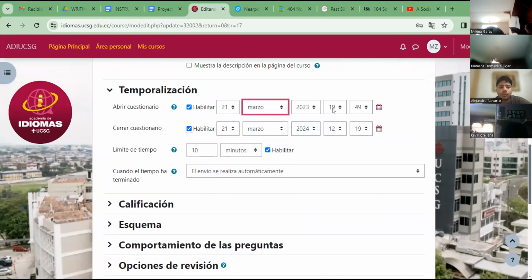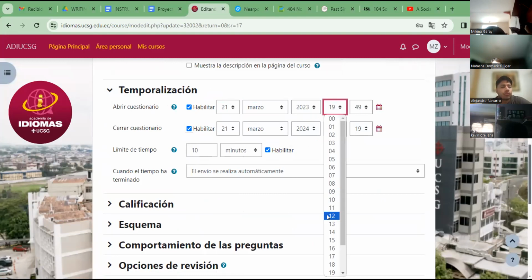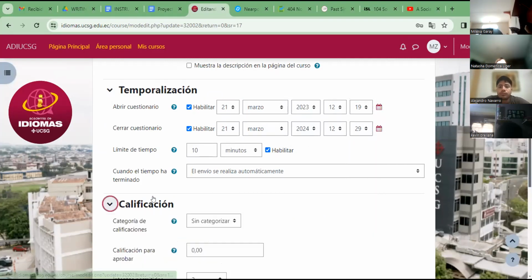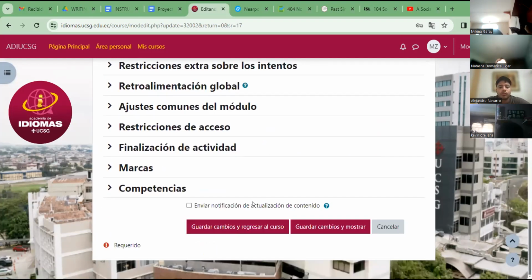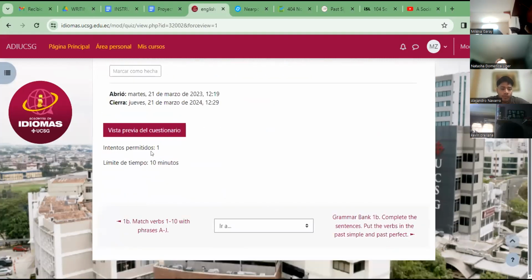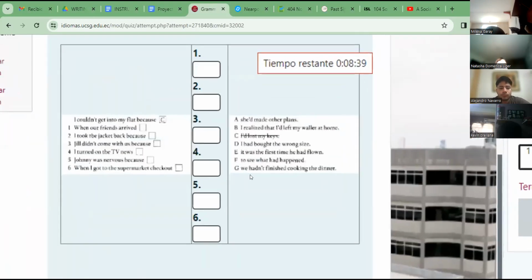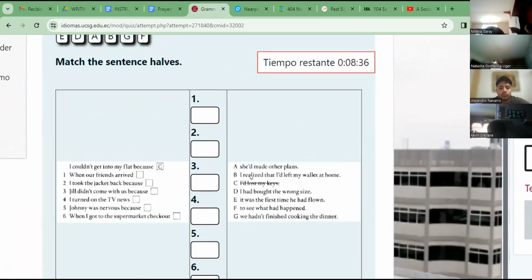Okay, we're going to do this and then we're going to work in groups. You can open now. This is very easy. You have to match the sentence with the correct half.